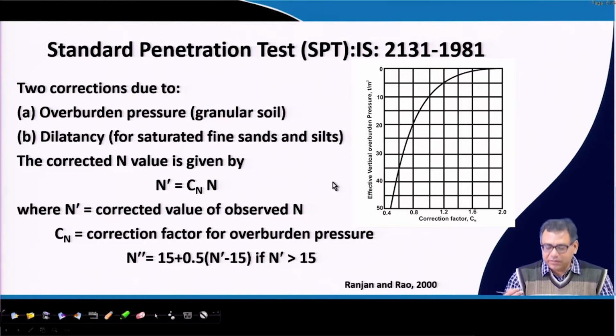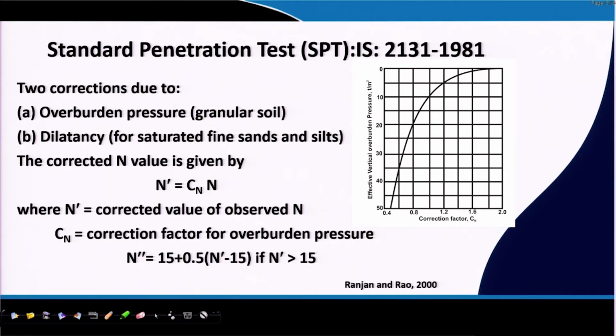I have discussed that if the effective overburden pressure is less than 10 ton per meter square, then the corrected N value should be more than the measured N value because of the overburden pressure correction, and if the effective overburden pressure is more than 10 ton per meter square, then the corrected N value is less than the measured N value.